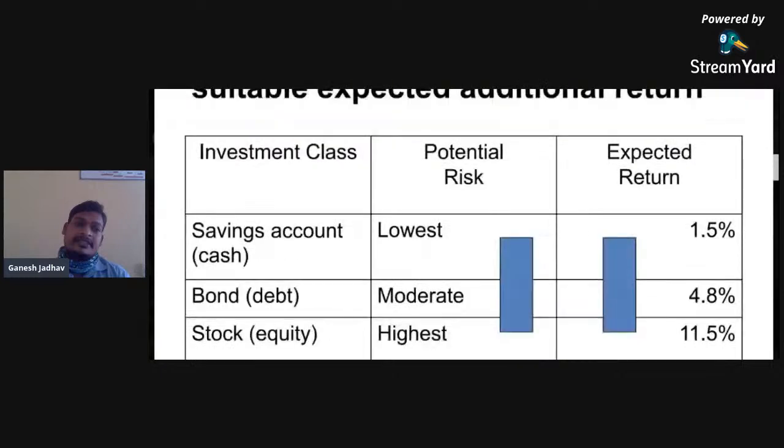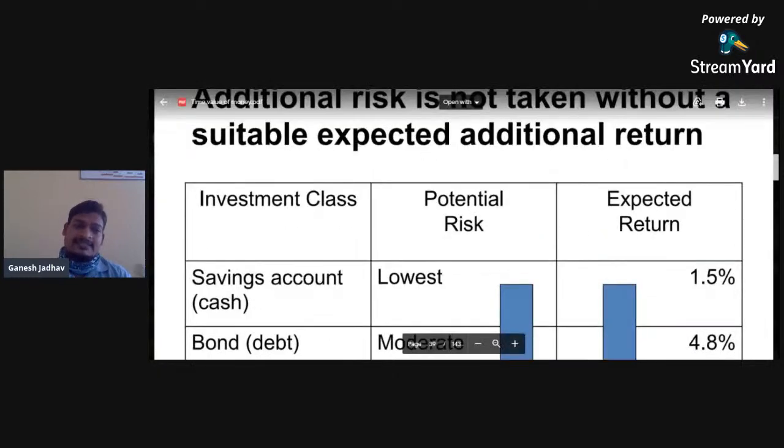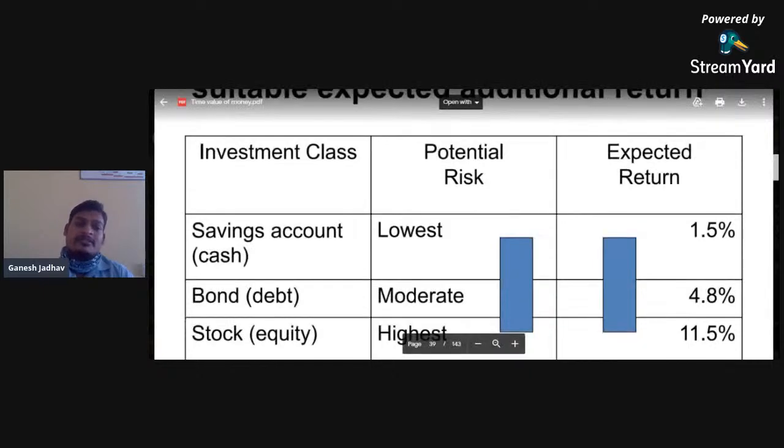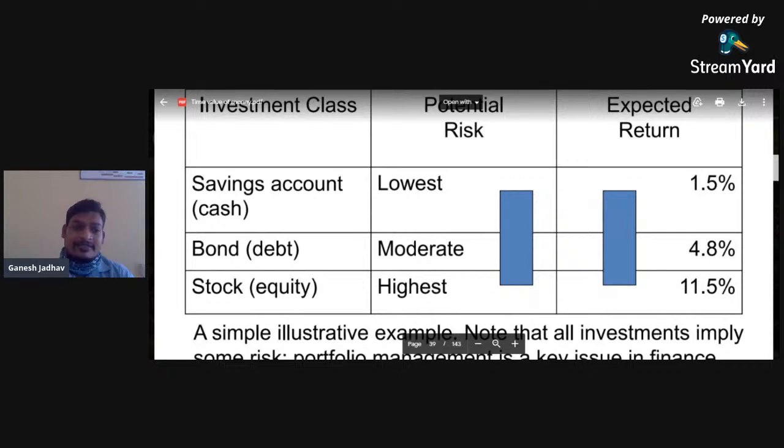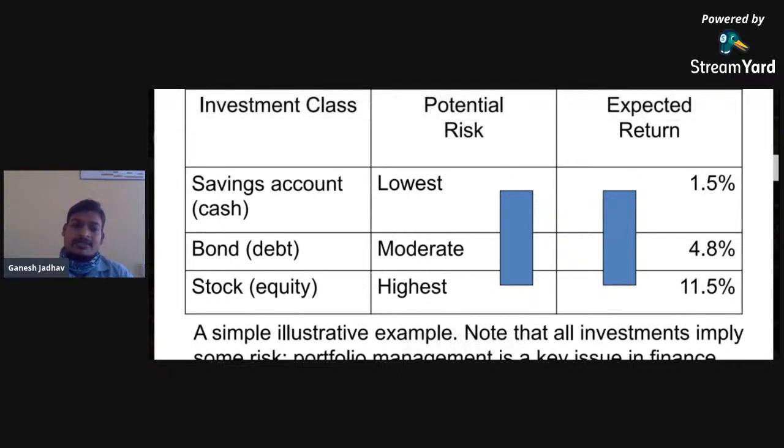The investment classes are the savings account, bonds, stocks (equity or debt), and cash. Whatever your investment, as per the organization, you require cash to invest in product manufacturing.